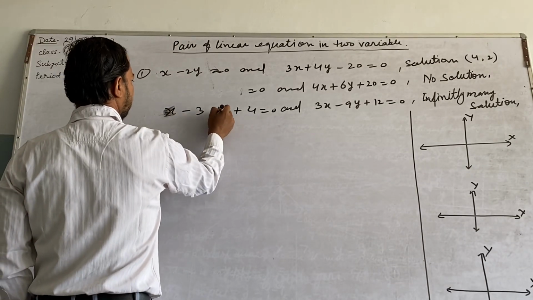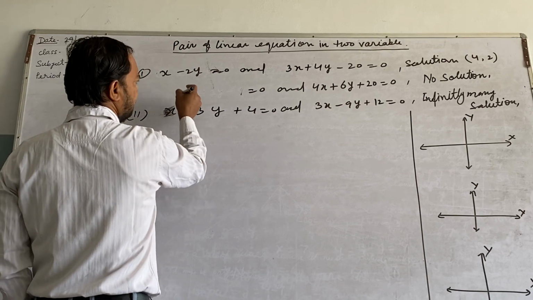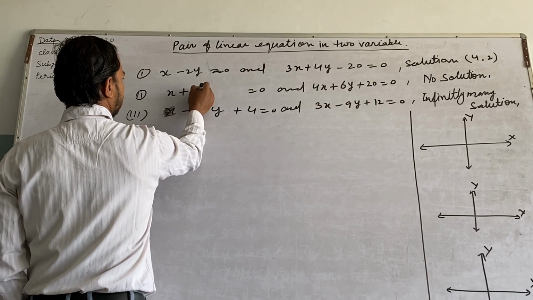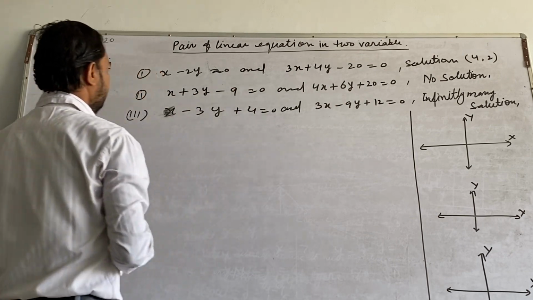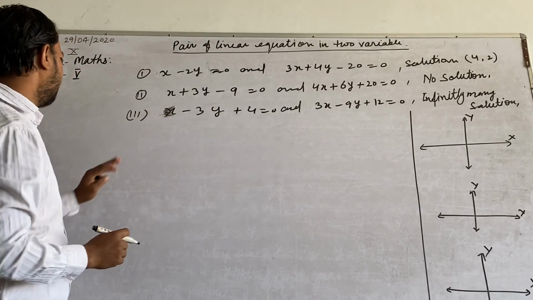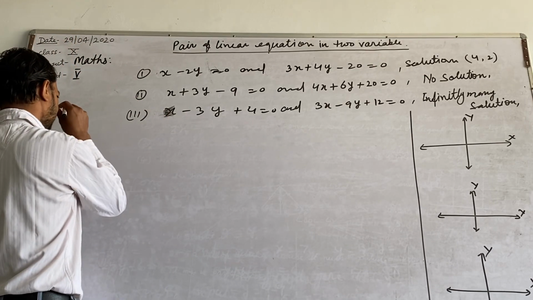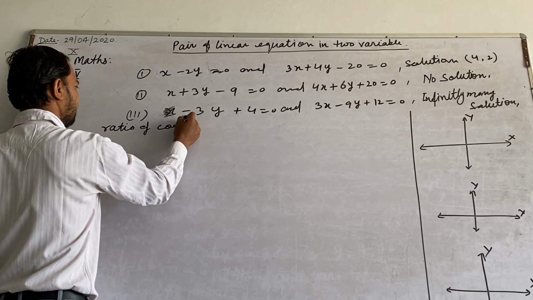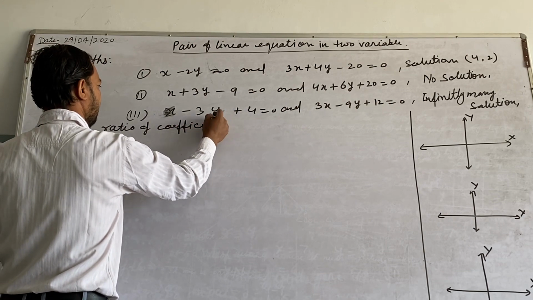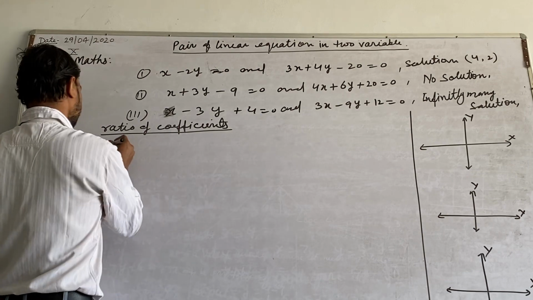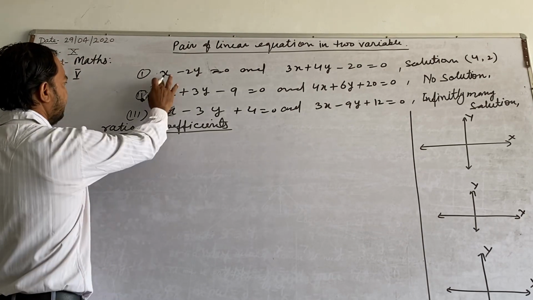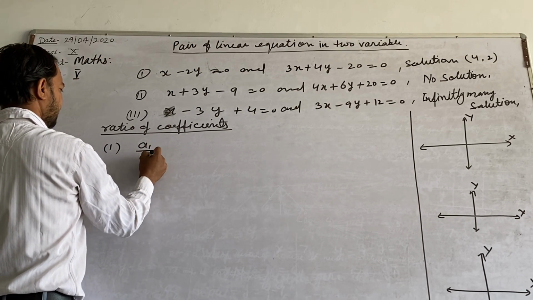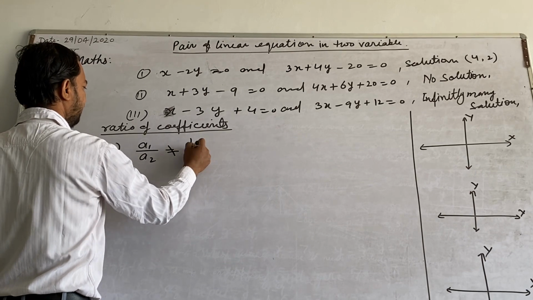On the basis of it, we will try to find out the ratio of coefficients. First condition: in this case, we can see that a1 upon a2 is not equal to b1 upon b2.